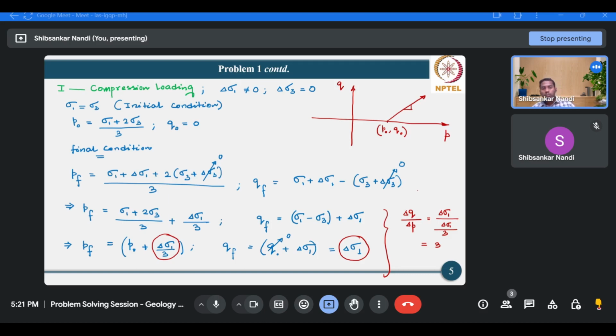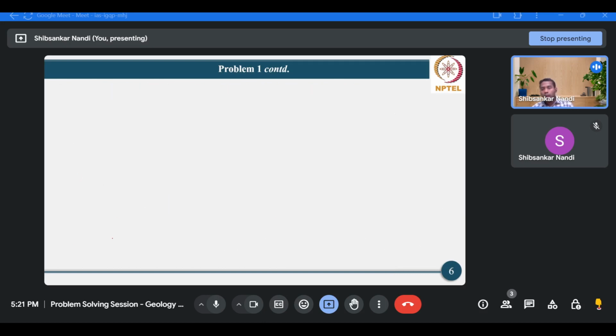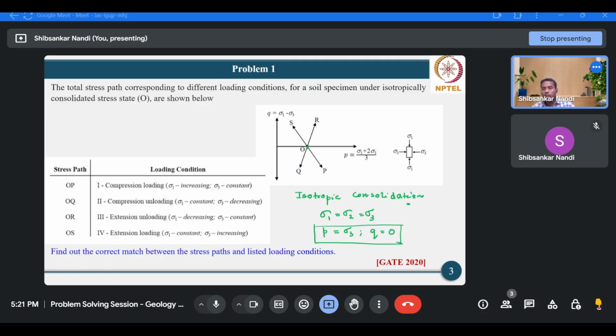Now, this slope is not concerned for this problem, because the pattern is the major concern for this problem. So therefore we'll come to the next loading condition, which is compression unloading. At the same time we'll try to make an analogy between the stress path we have got from our analysis and the stress paths which are already given in the problem.